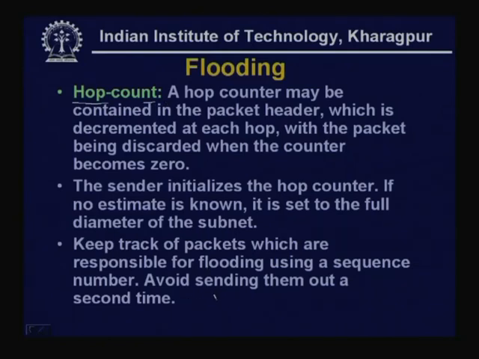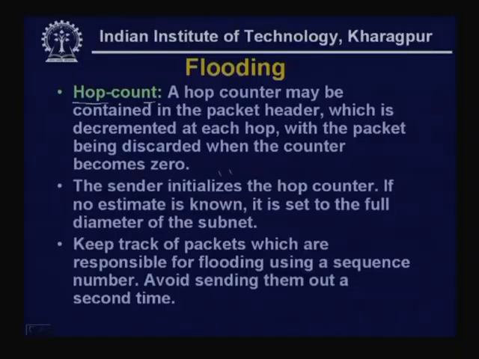A counter is contained in the packet header, which is decremented at each hop. That means the header has a count, and it is initialized with some value. You may be asking what value you should set. You can set some number, but if no number is known, then usually the full diameter of the subnet can be used. Essentially, it is the worst case value.